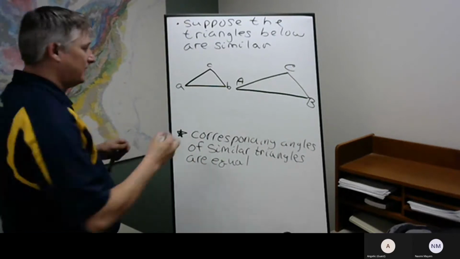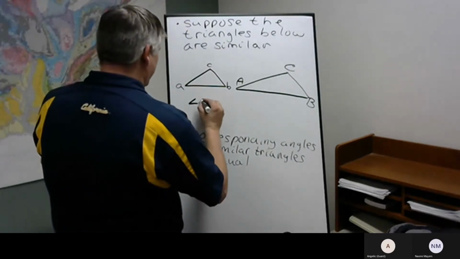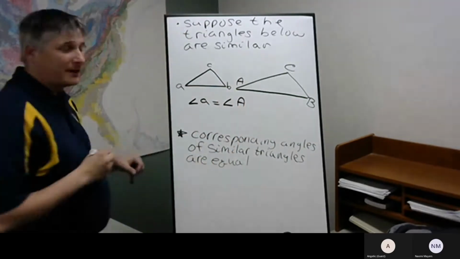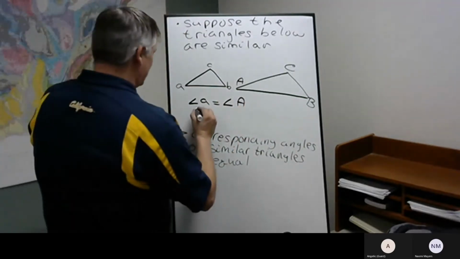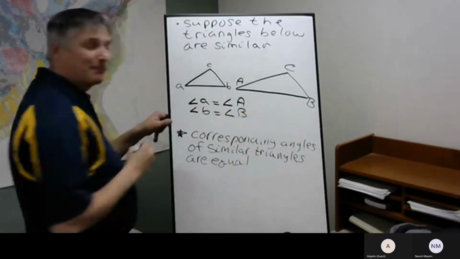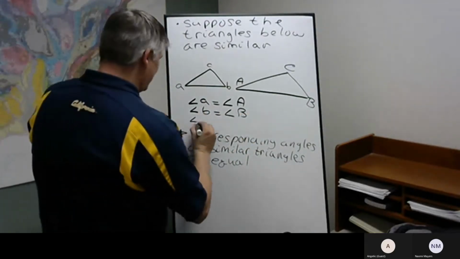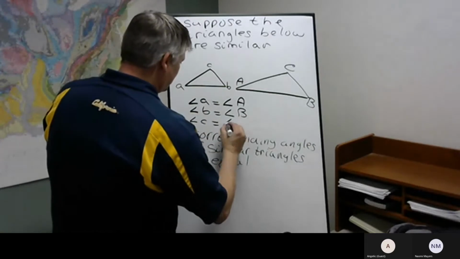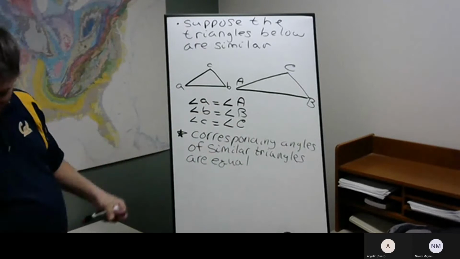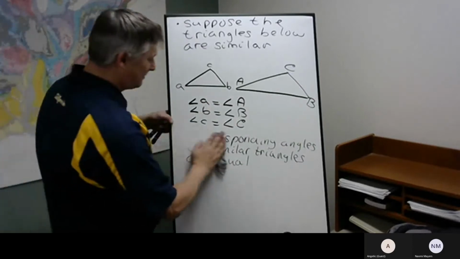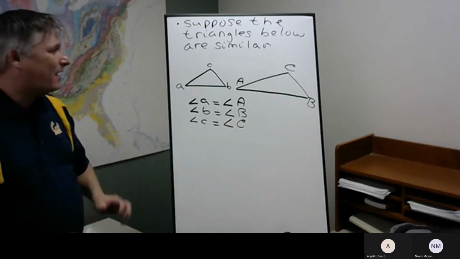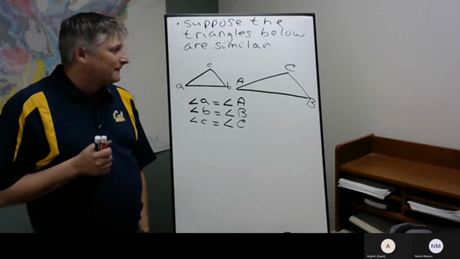So what this says: angle A equals angle capital A. Angle B is angle capital B. Angle C equals angle capital C. And you're going to see this play out in the next example.